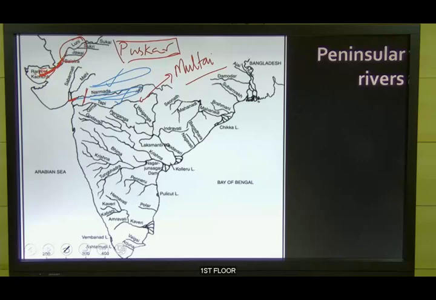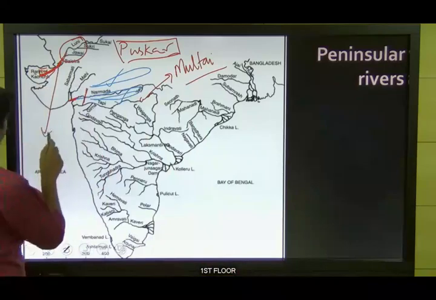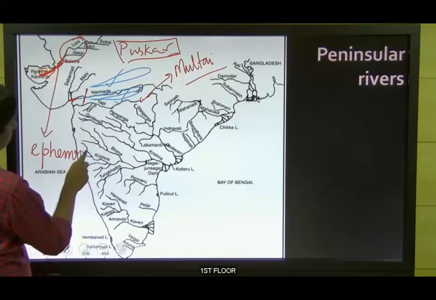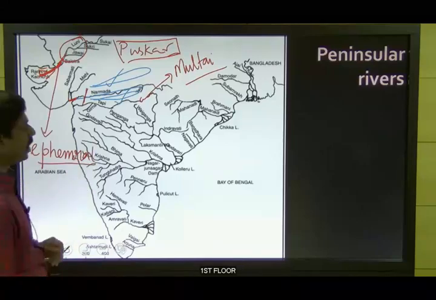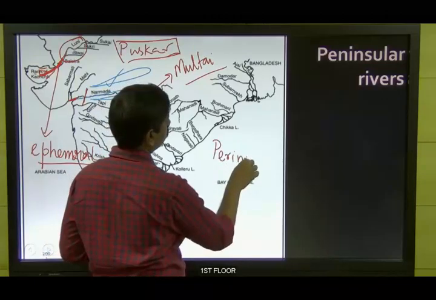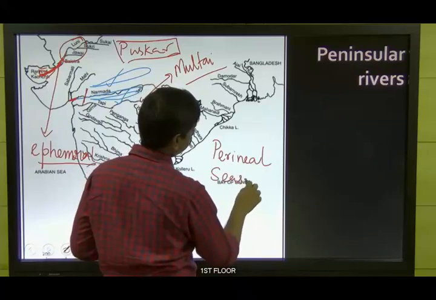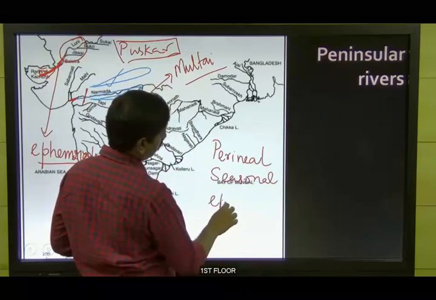And it is an example of an ephemeral river. Luni is an example of ephemeral. A river can be perennial, seasonal, and even less than that, ephemeral.